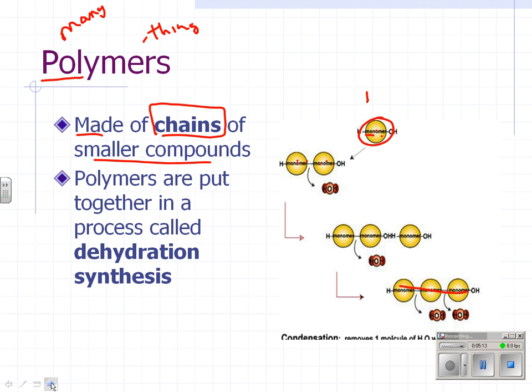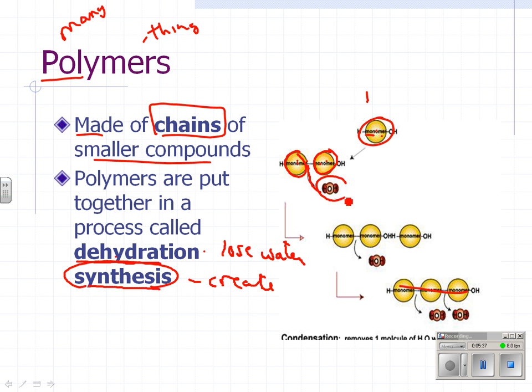Polymers are put together in a process called dehydration synthesis. Dehydration, to lose water. You probably already know that word. Hydrate, water, lose. Synthesis, create. So to create a polymer, we take these individuals and we remove a water molecule and they bond together. That forms a covalent, very stable bond together.